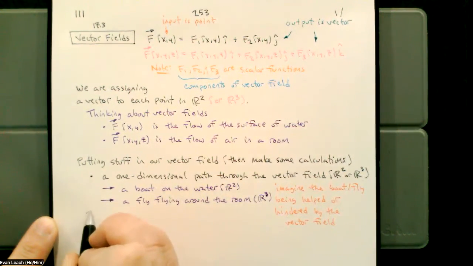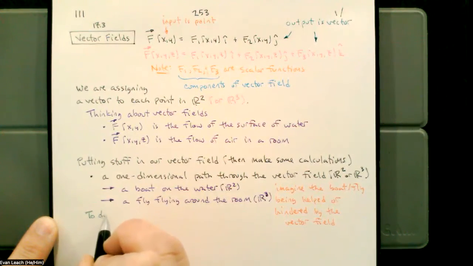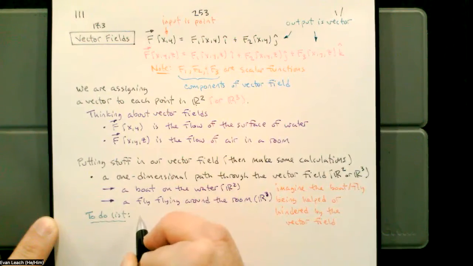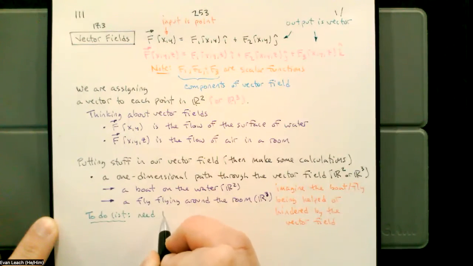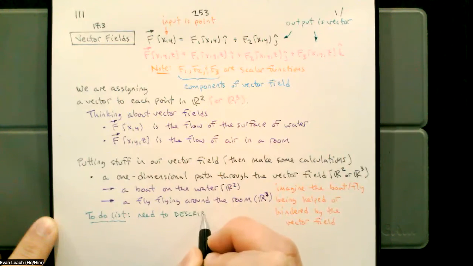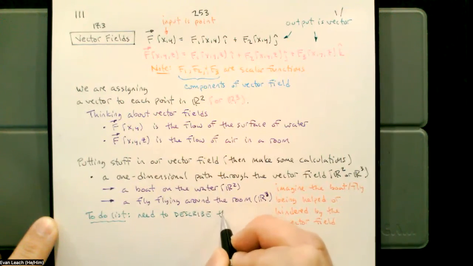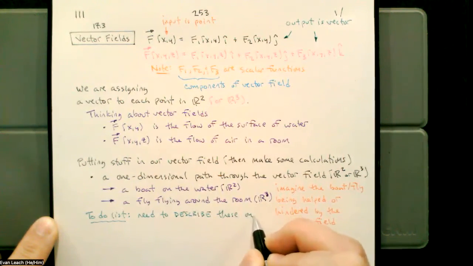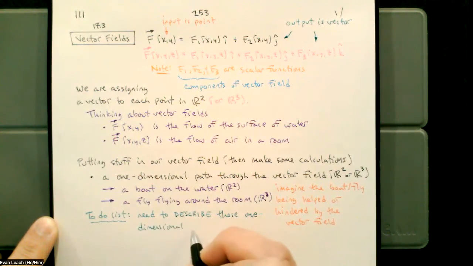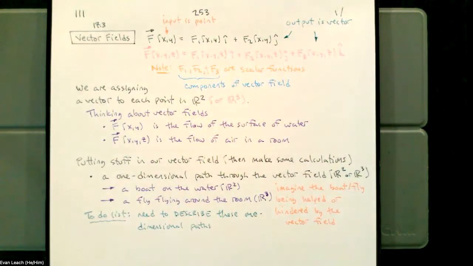Here's our to-do list. We're going to need some way to describe these one-dimensional paths.